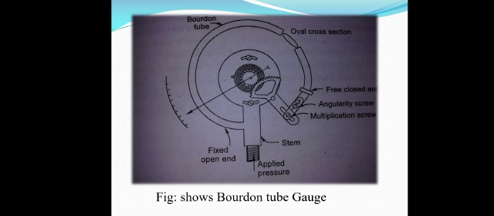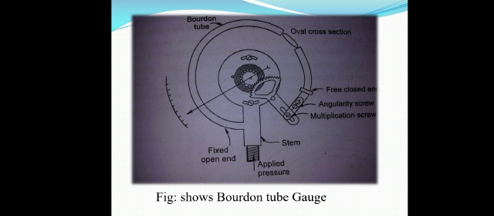So next, working principle. When we apply the pressure to the Bourdon tube gauge, the tube, bent at 200 to 300 degrees, expands due to the application of pressure. So at that position, the whole cross section of the Bourdon tube deflects from its own position.